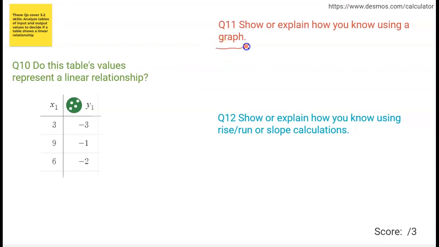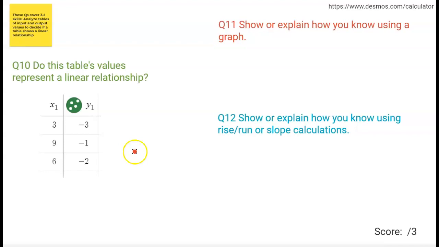You can use a graph, and you should also know how to do rise over run or slope calculations. So I'm asking you to answer both of these prompts. Show using a graph, and also show how you could know that using rise over run or slope calculations.